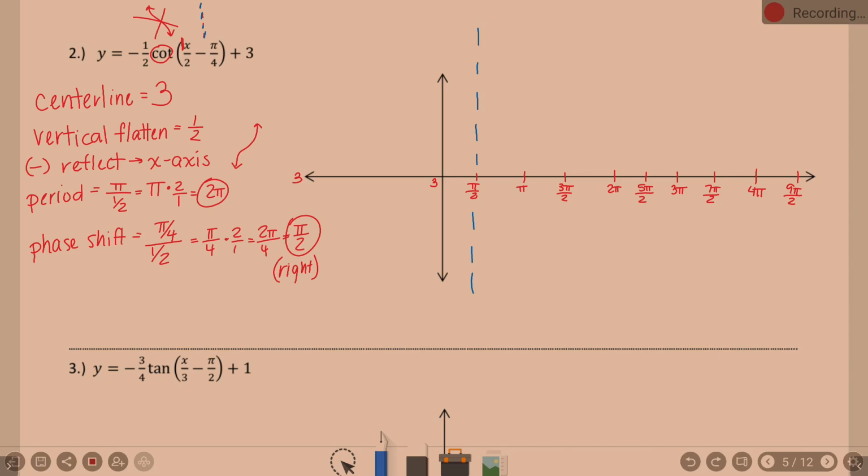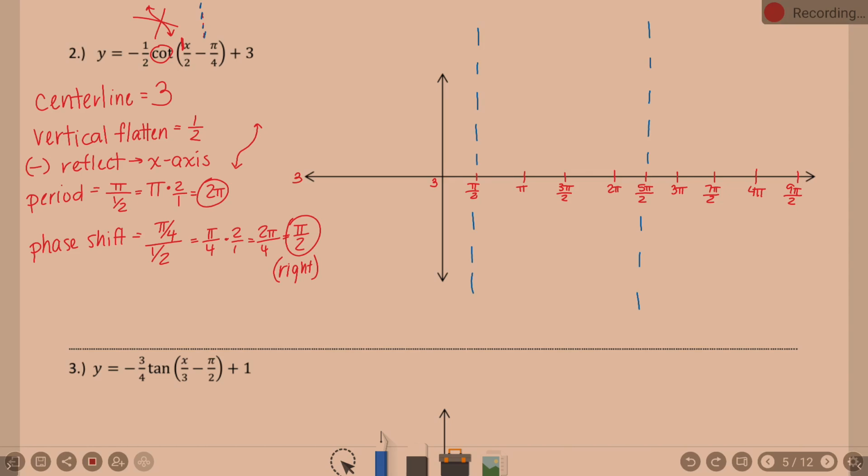My period is 2 pi, yes? From pi over 2, where is 2 pi? And it would be 5 pi over 2. Now, if you're saying, whoa, I don't like that, here's the deal. We were 1 tick mark past 0. Now we are 1 tick mark past 2 pi. Where's my next asymptote going to be? 9 pi over 2. 1 tick mark past 4 pi, right?